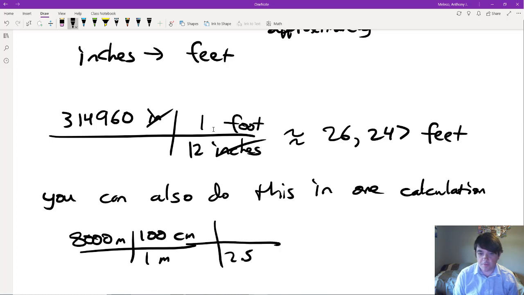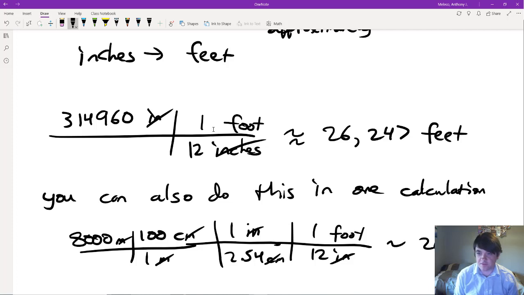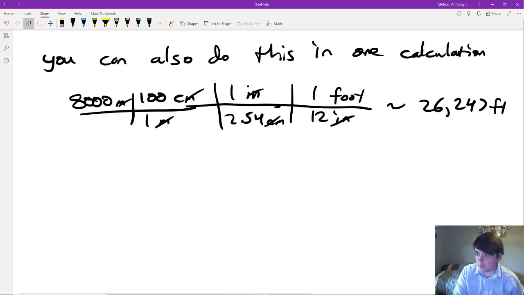And then in 2.54 centimeters there's 1 inch. And then in 12 inches there's 1 foot. And then these cancellations would still yield 26,247. Okay. So that's how you do a problem with a more complicated conversion.